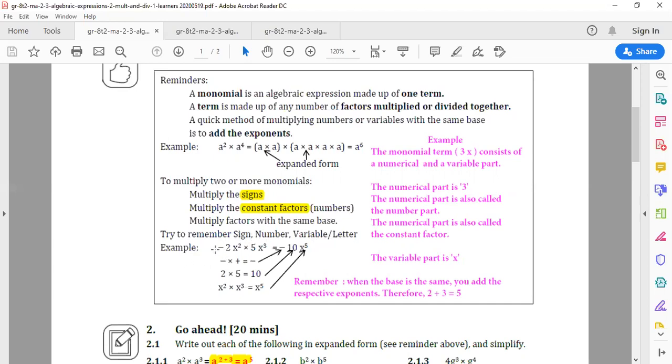For example, if you were given negative 2x squared multiplied by 5x cubed, you multiply the sign, a positive multiplied by a negative gives you a negative. 2 multiplied by 5 gives you 10. X squared multiplied by x cubed is x to the exponential 5.